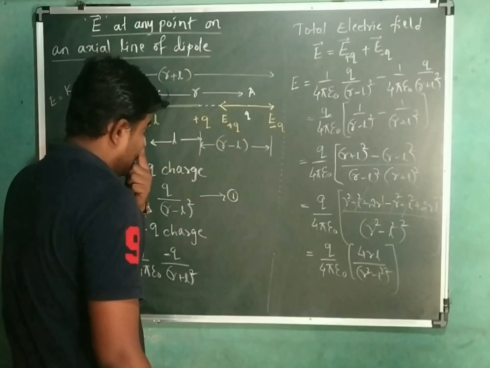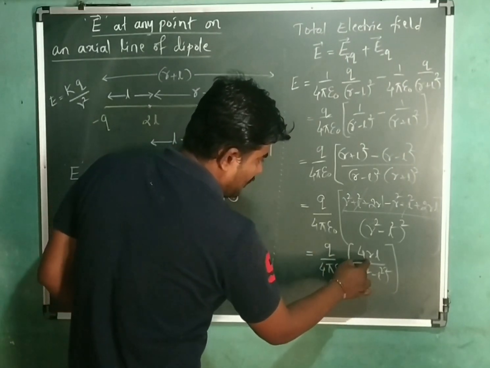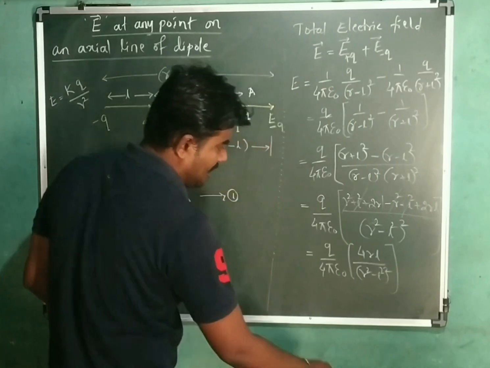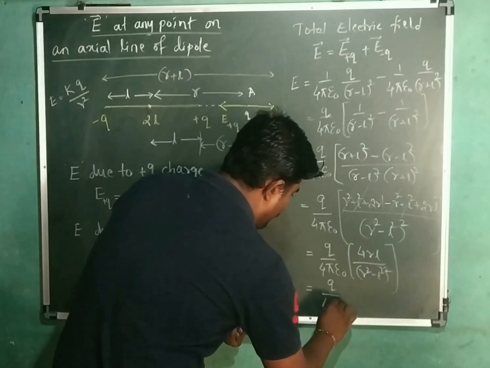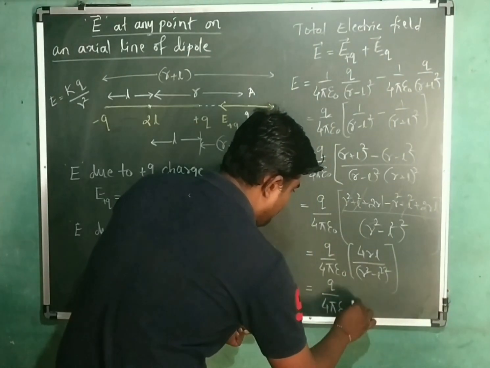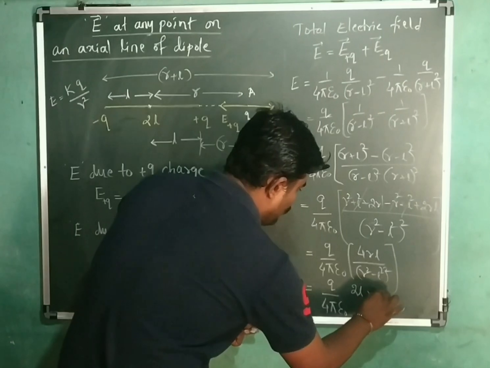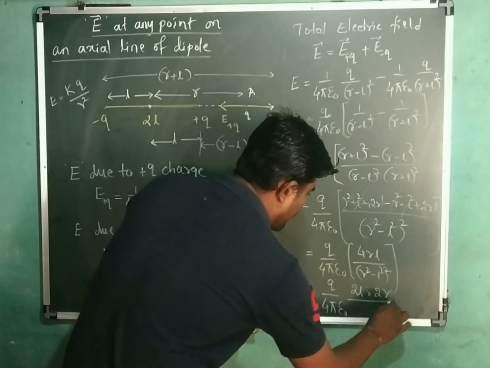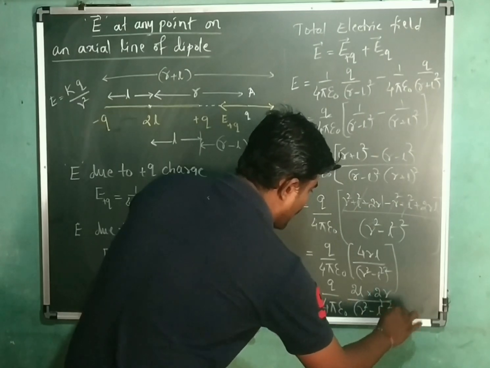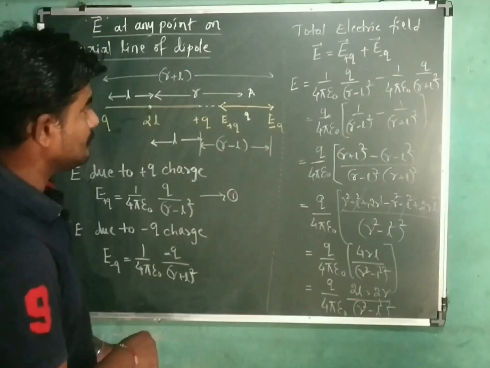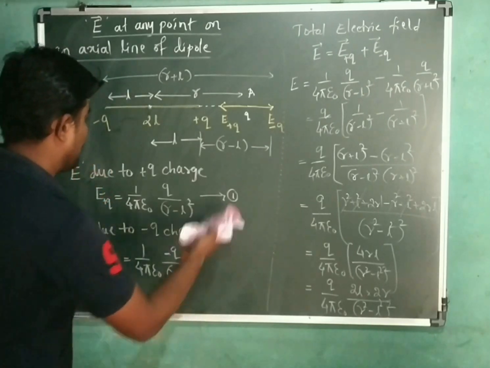Okay, see here, Q is there and 4RL I can split into 2 into 2RL, then it is going to be Q divided by 4 pi epsilon naught, 2L into 2R divided by (r square minus L square) whole square.